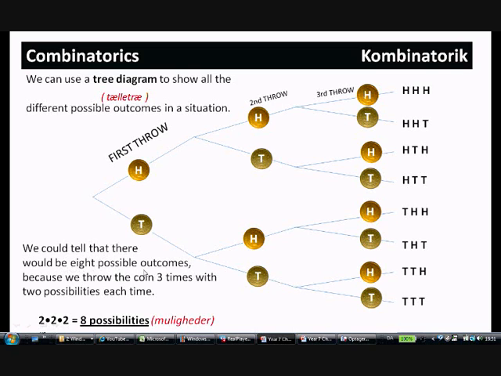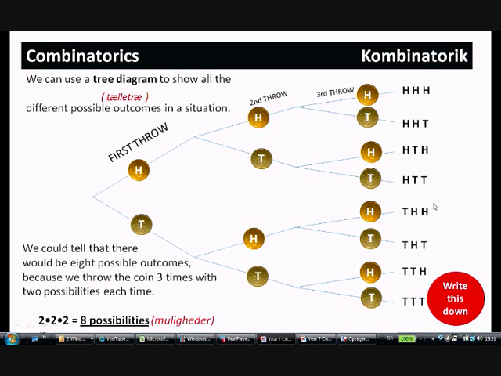So we could tell that there would be 8 possible outcomes, results, because we throw the coin 3 times with 2 possibilities each time. 2 times 2 times 2 gives you 8.